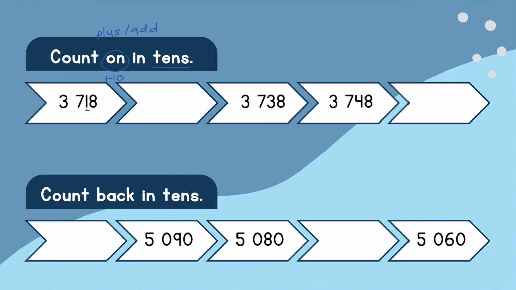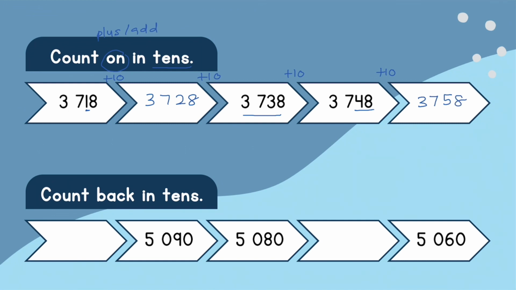So 18 plus 10 will be 28. So here is 3728. You plus another 10 will be 38. Here the third number. Plus another 10 will be 48. And we plus again with 10 will be 3758. So this is count on in tens.